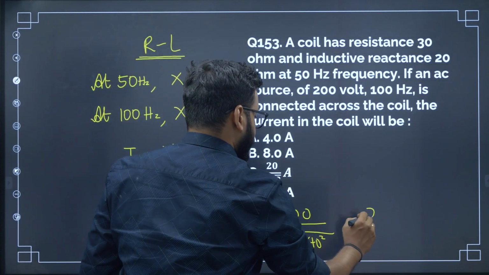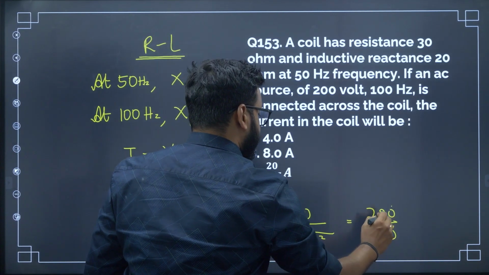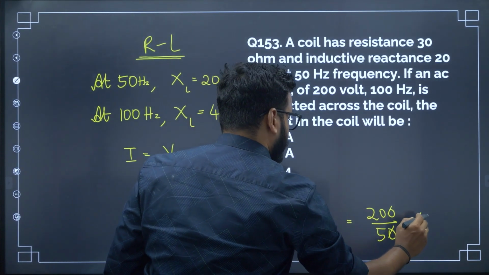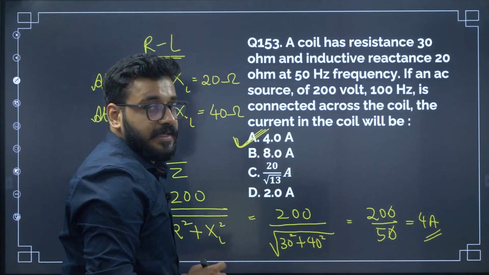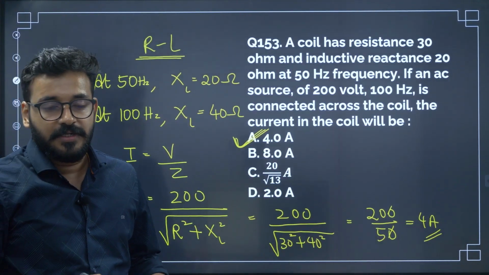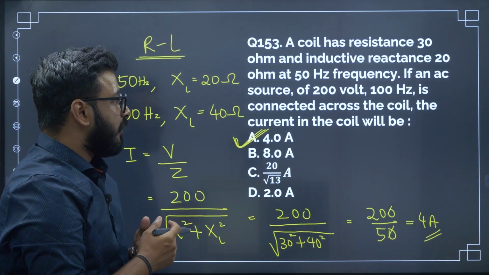So that is 50. So 200 divided by 50, which is easily 4 ampere. So the correct answer over here is option A, right? Very simple question. 200 by 50, 4 amperes.